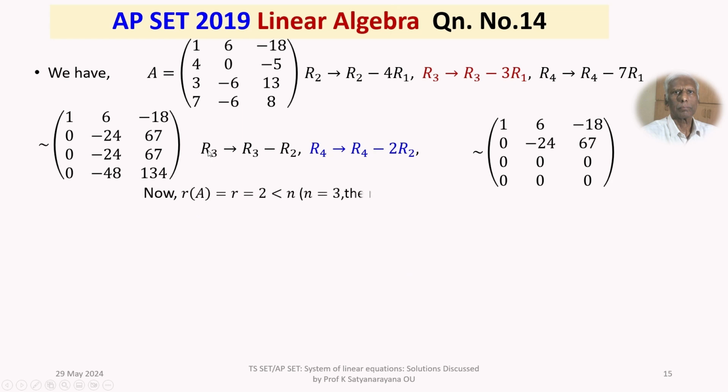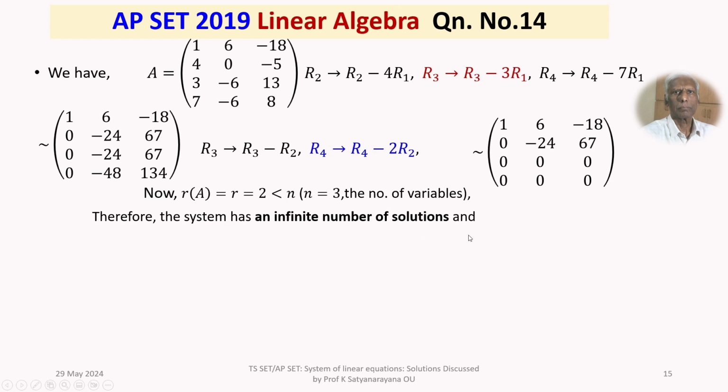Therefore, now the rank of A is equal to r is equal to 2, less than n, where n is equal to 3, the number of variables. And therefore, the system has an infinite number of solutions. And the dimension of the solution space will be n minus r.